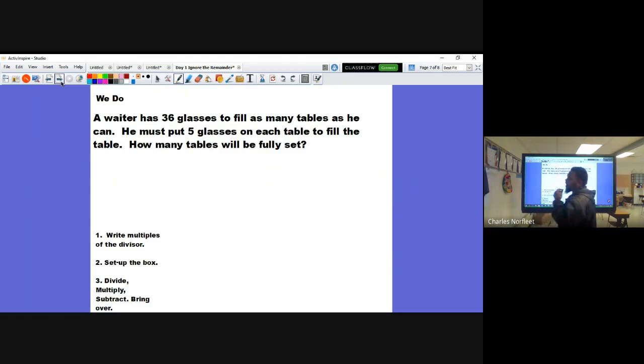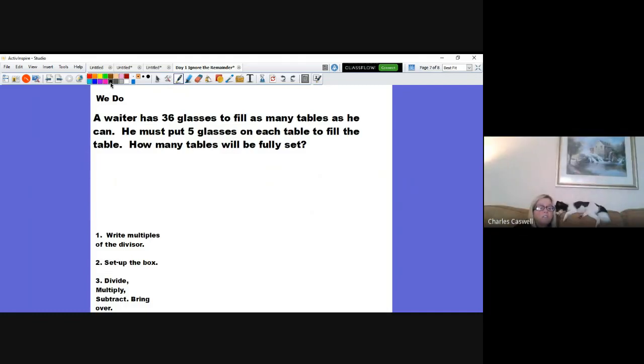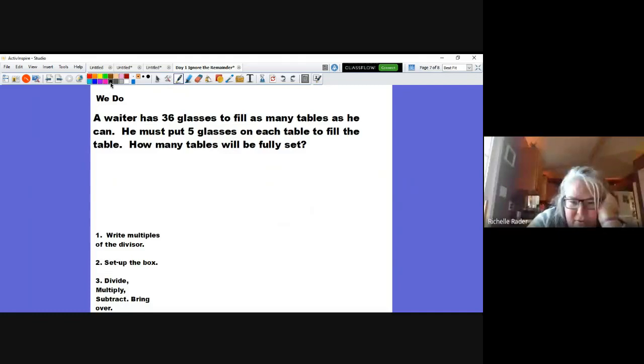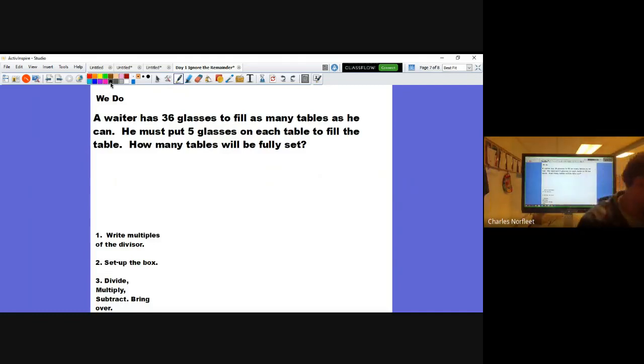All right, so the equation here, Charles, can you help me with that equation? We want to write our equation out here. Can you tell him the equation? Can you help me write that equation out?